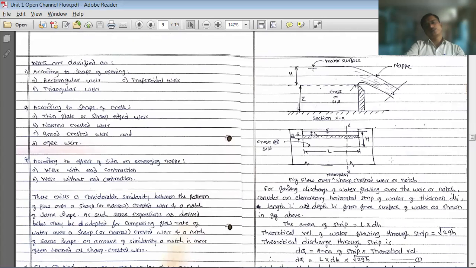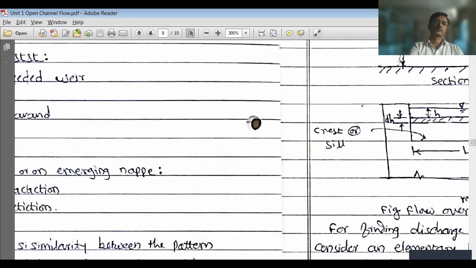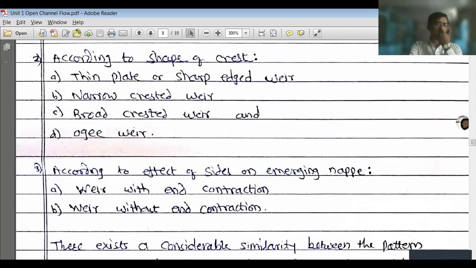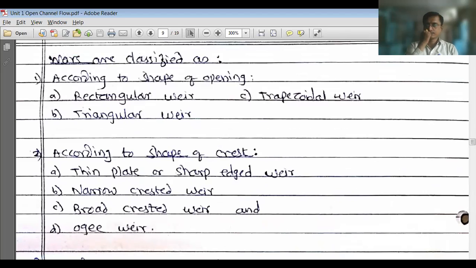Now classification of weir, we are going to see here. Write down the classification of weirs. First, according to the shape of crest. Wait, one minute, something above it is left. According to the shape of the opening: rectangular, triangular, trapezoidal.